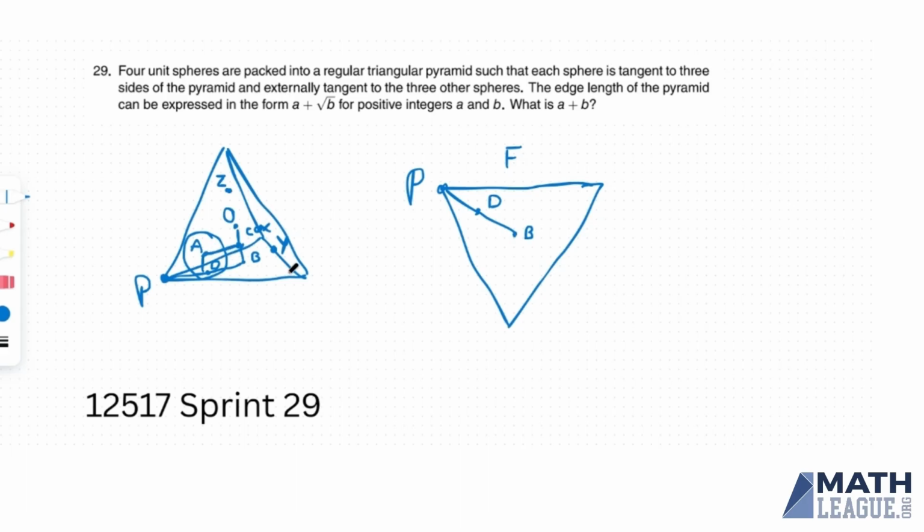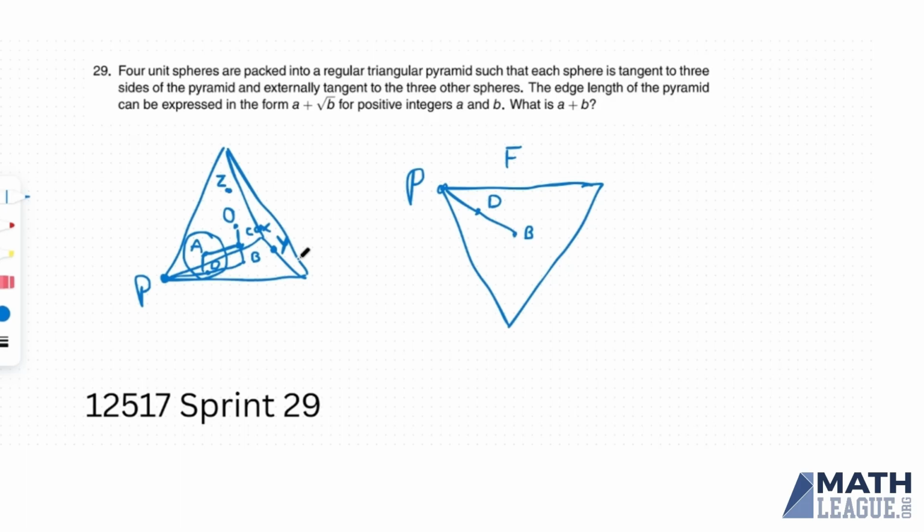Additionally, notice that A, X, and Y are all a unit above face F, so they all lie along the same plane parallel to face F. And C also lies at that height because C is part of a little rectangle formed, CBDA. So C is going to fall in that same plane.